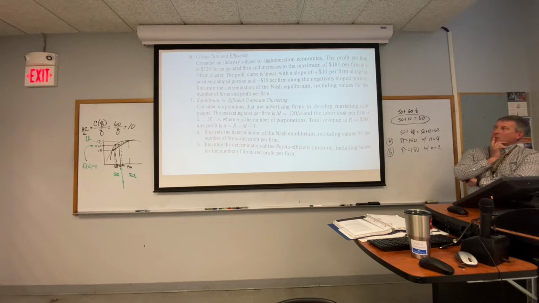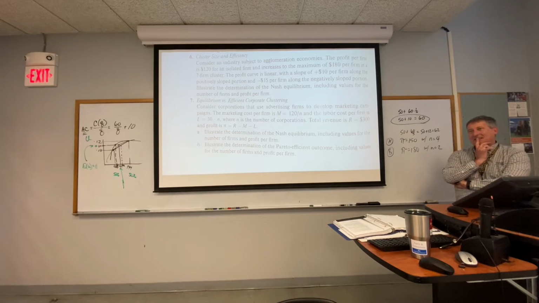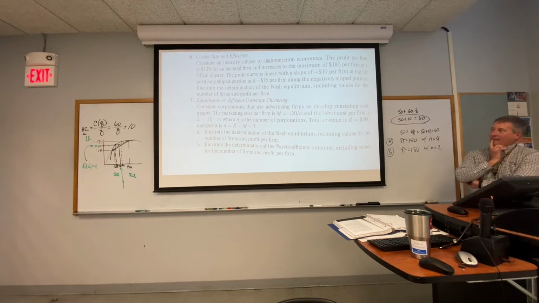Okay, so total profit for what? For both firms? Jointly? And it should be divided by 2. So it would be 90 for each firm. 90 per firm? Whereas here we had what per firm? 75?